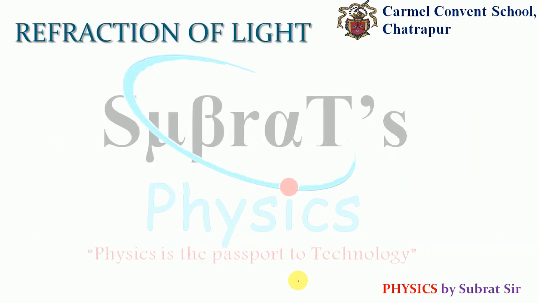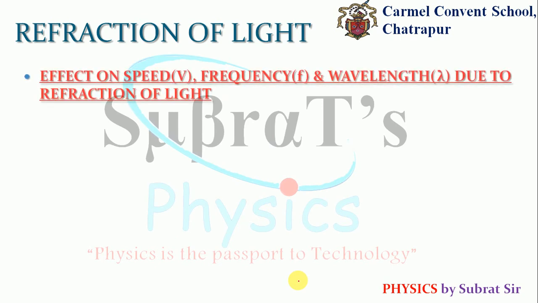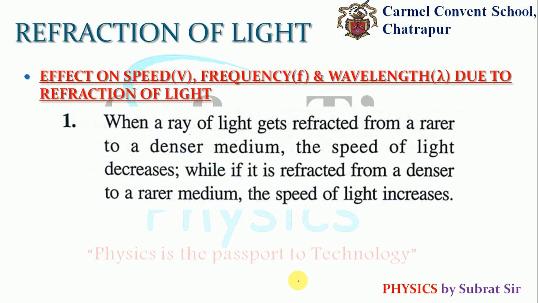Now some other valuable things we will know about the refraction of light: the effect of speed v, frequency f, and wavelength lambda due to refraction of light. Let us go point-wise. The first one: when a ray of light is refracted from a rarer to a denser medium, the speed of light decreases.